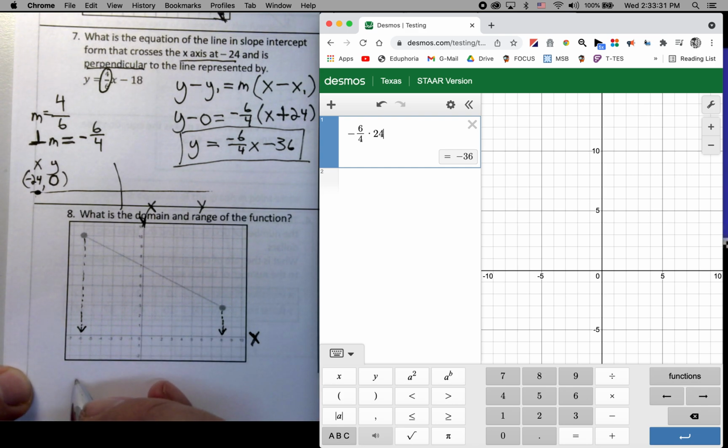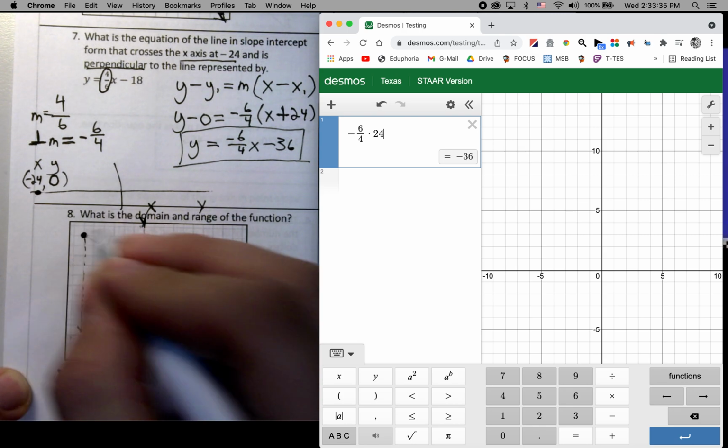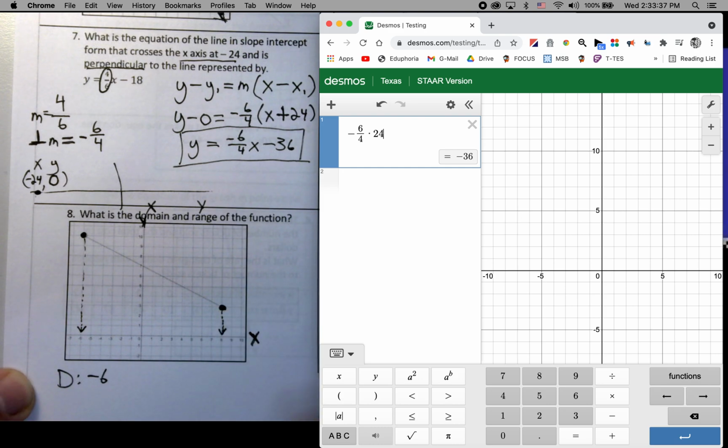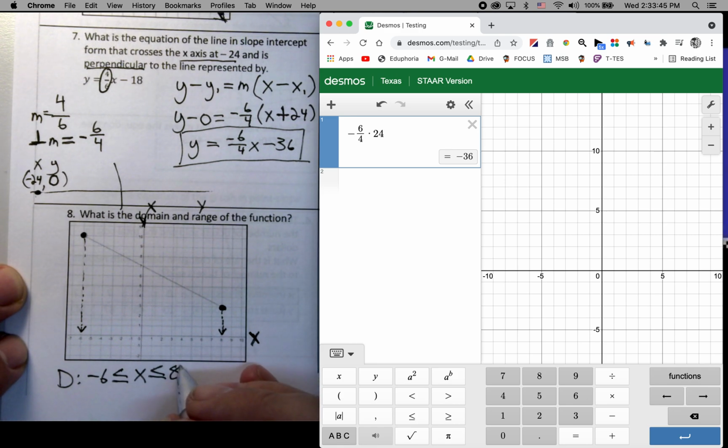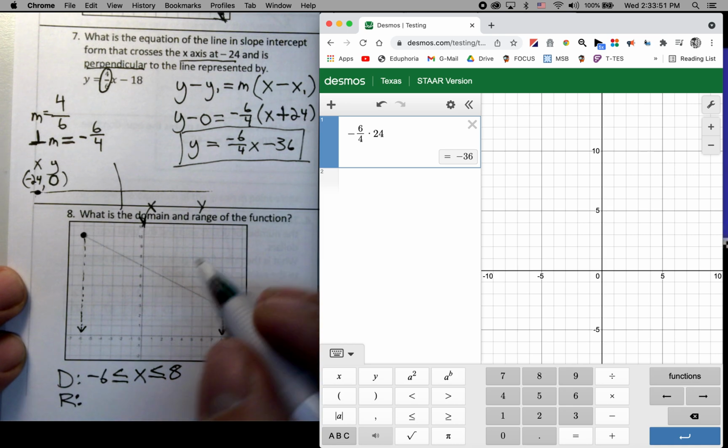So the domain will be -6, and notice these are solid closed circles. So -6 is less than or equal to x, which is less than or equal to +8. Okay? Now my range goes from down to up.